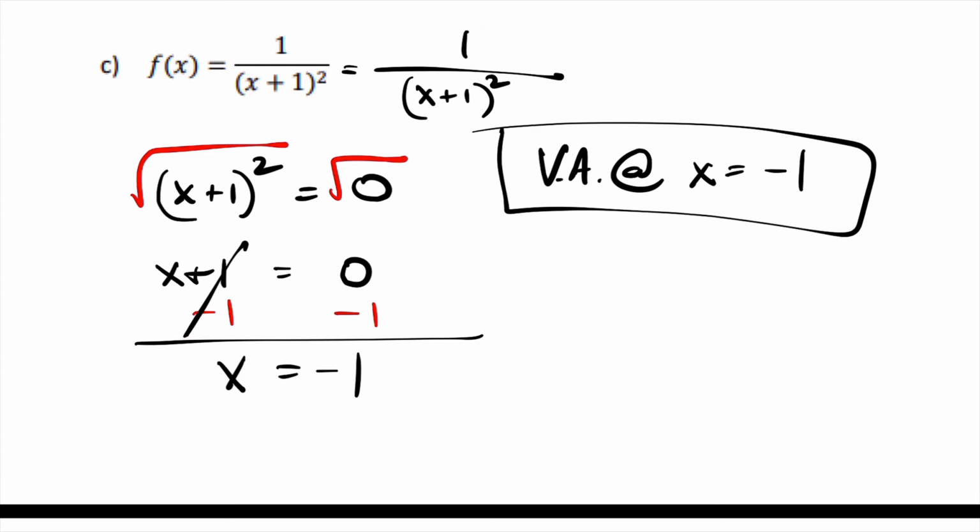What's the definition of a vertical asymptote? Go back to the definition. How do we know we have a vertical asymptote? What has to be true? When I plug a number, -1 in this case, into the denominator... Oh, wait, I'm thinking of a different problem.